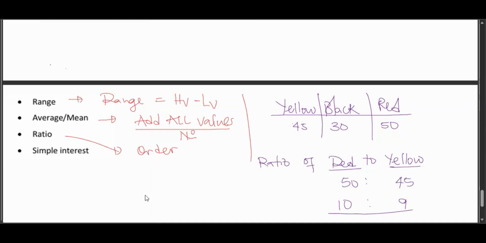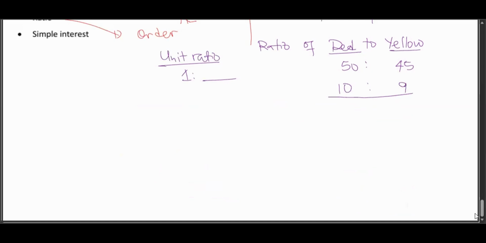Though they might ask you to give the unit ratio. Please, unit ratio. That one is fine. You always start with 1 is to a given number. So if here they had asked us to give a unit ratio, we divide through by 10 to remain with 1 is to, on this side I will have 0.9.